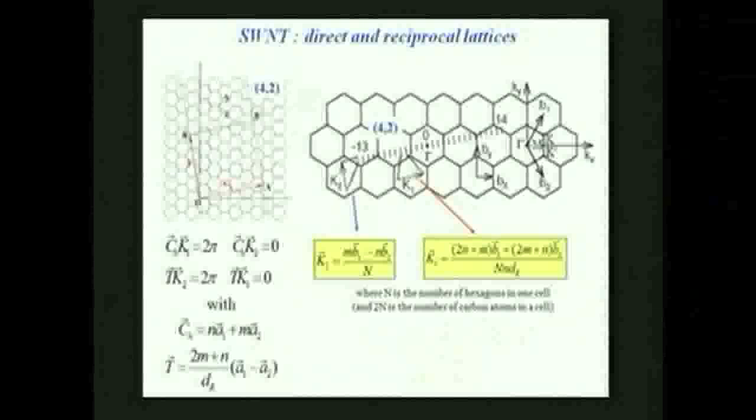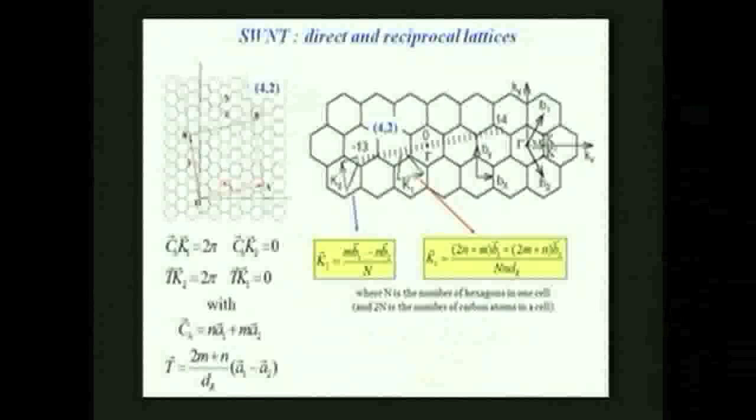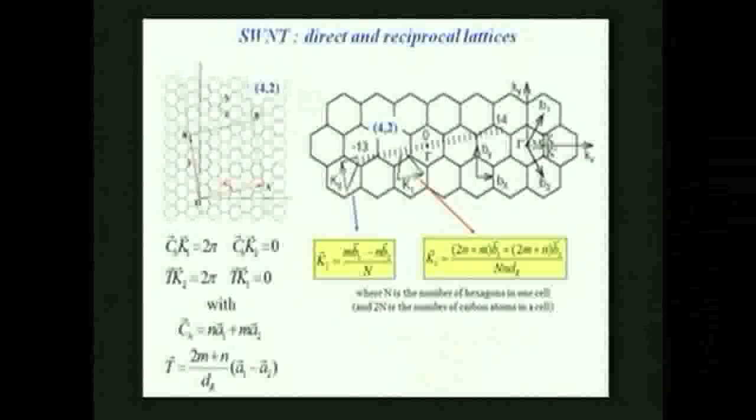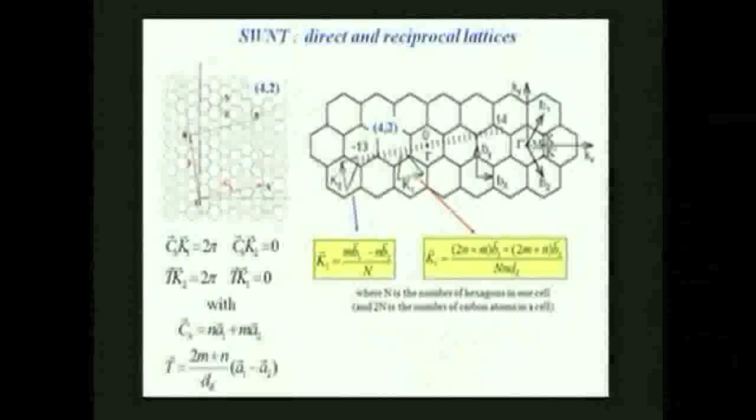Now, if you want to calculate the reciprocal vectors, the unit vectors in the reciprocal lattice, you have to make some scalar products between CH, T, and K1 and K2, which will be the unit vectors in the reciprocal lattice of nanotubes. So you know exactly the expression of CH. You can calculate the expression of the T vector. We didn't do that together, but if we had 15 minutes we could. That's not complicated.